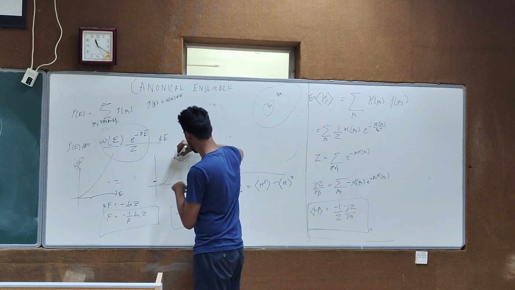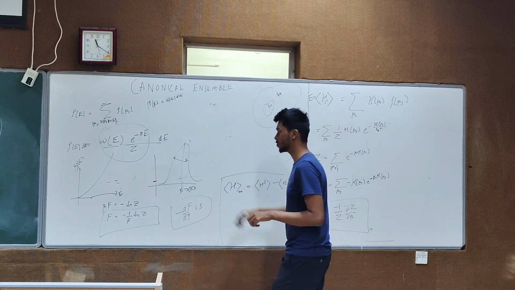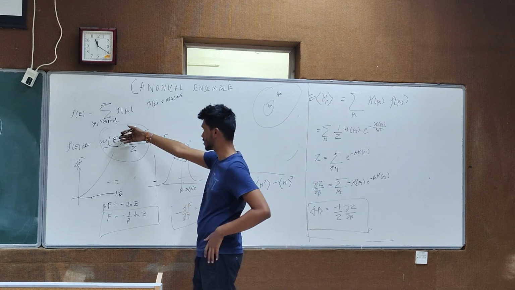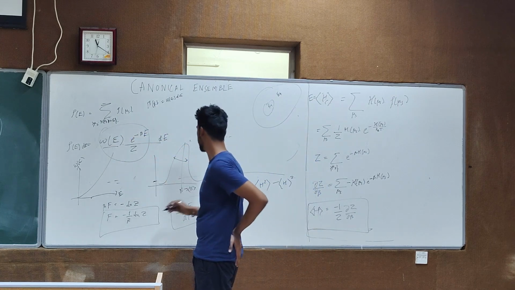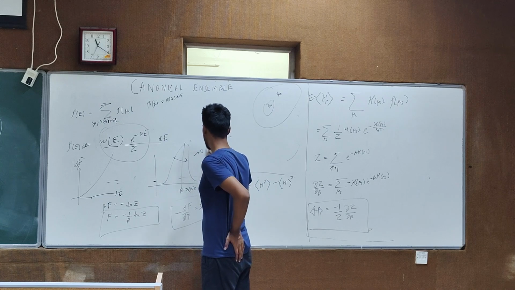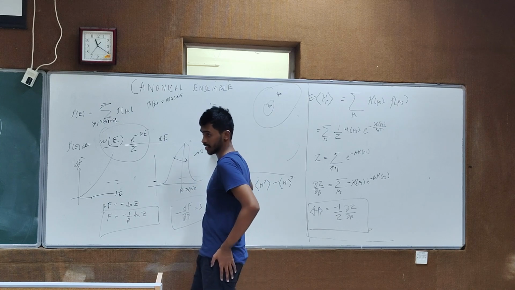The width, if you calculate it from the variance of this probability distribution of E, would tend to 0 as n increases.